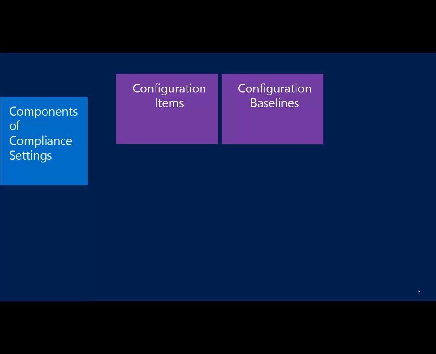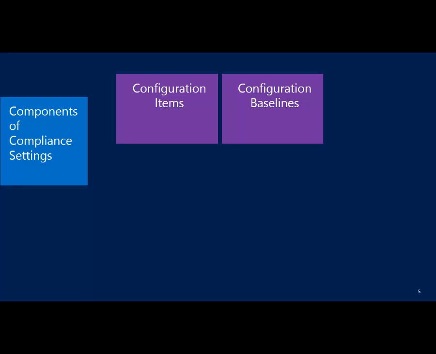But one other thing I'll just point out here. So the term configuration item in Configuration Manager means a lot of different things. Here in this discussion, compliance settings, a configuration item is exactly as I've described it. It is a certain setting configuration that you want to evaluate.